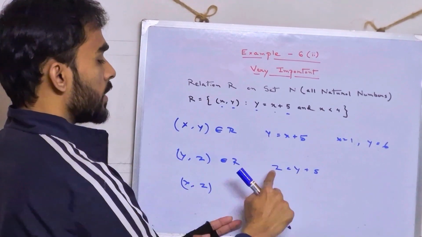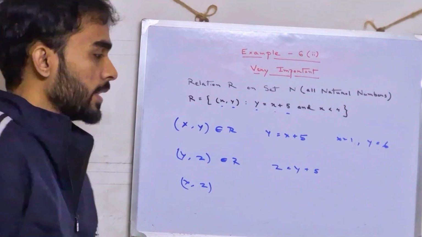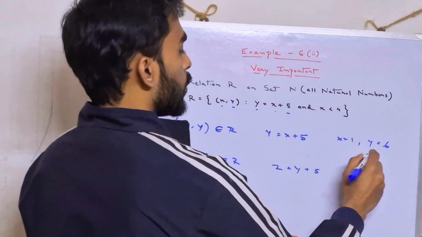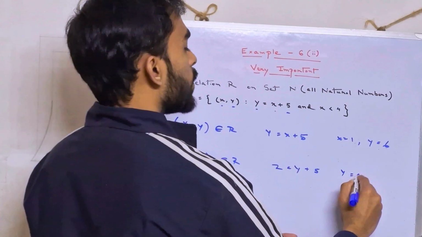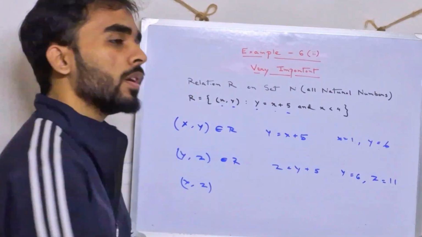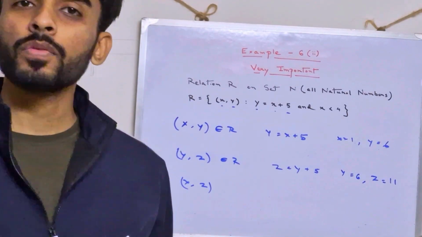Same thing just with different letters. Now we can say that y was already 6, so y equals 6, z equals 6 plus 5, which is 11. For this, it will look like the condition follows.